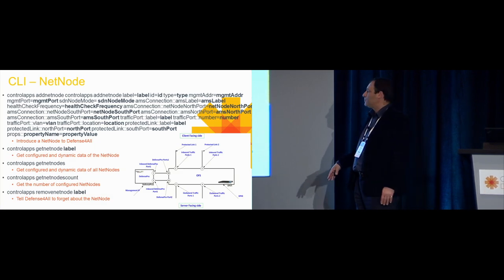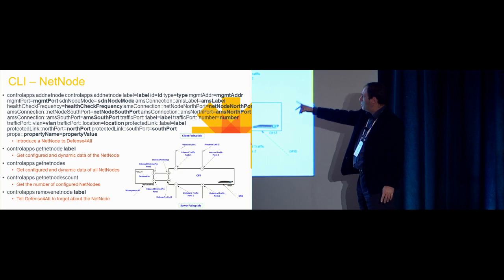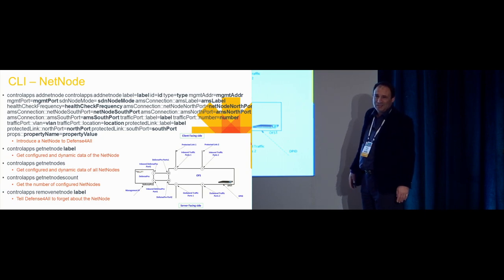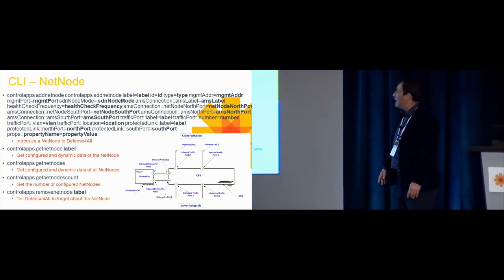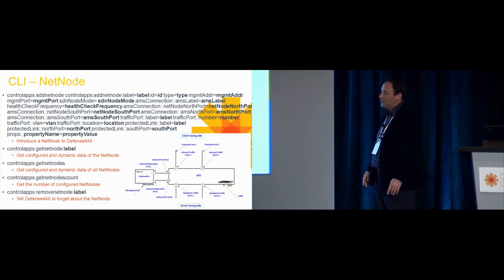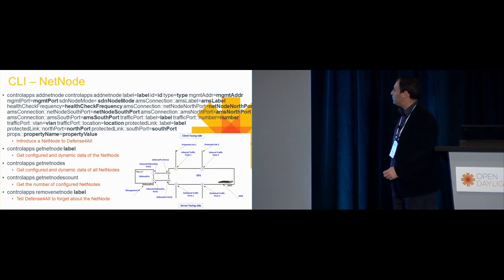So you identify pairs of ports, input-output ports. So it becomes more or less a bump in the wire. But it allows us to quickly determine which port to output data of any given packet.